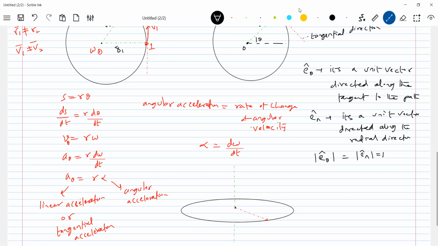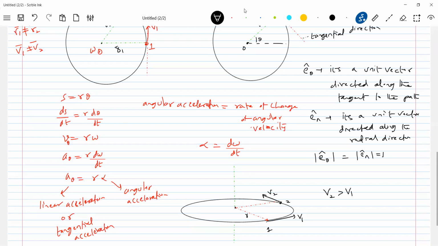The velocity of the particle will be directed tangential, so it will be V like this. When it comes here, it is V1. At another position, what will the velocity of the particle be? Let it be V2. I'll say that V2 is greater than V1.